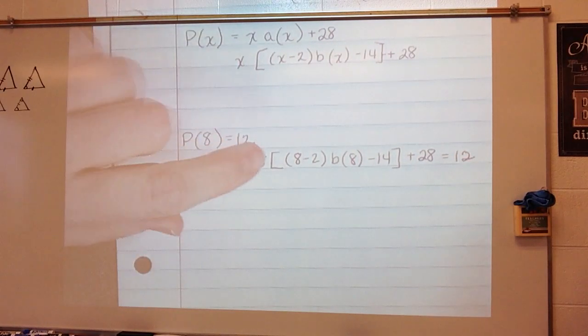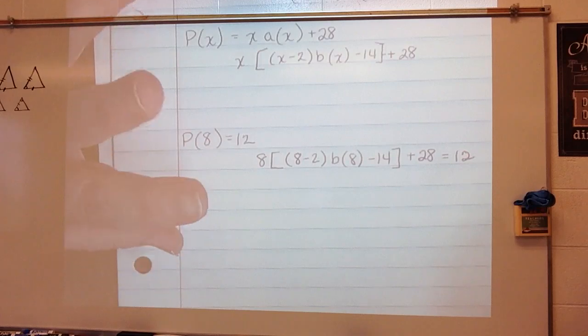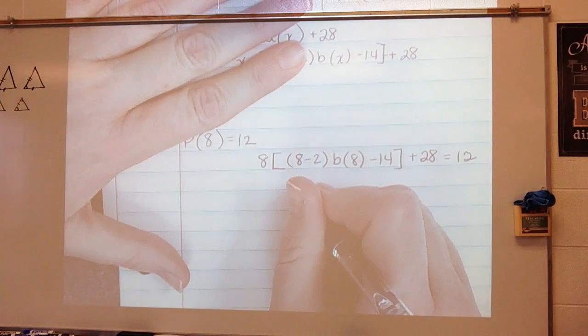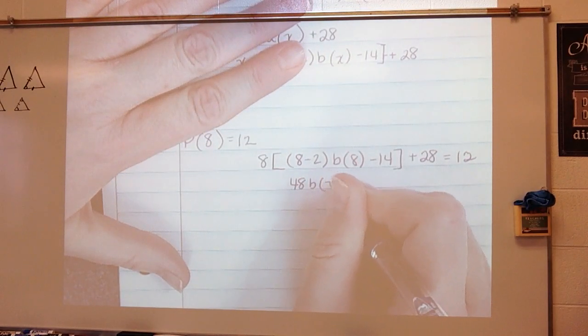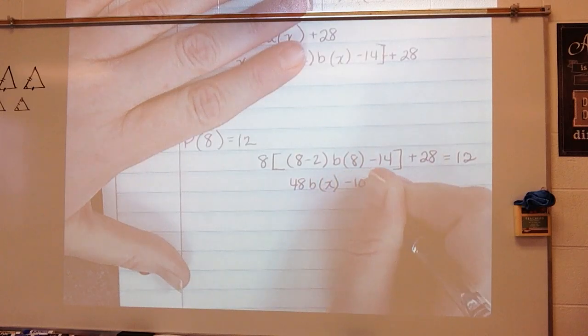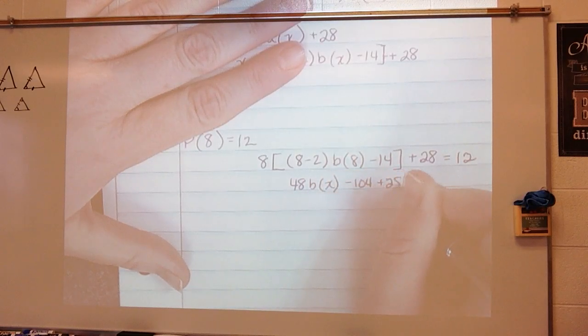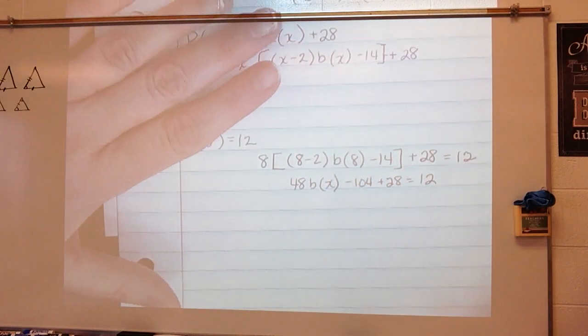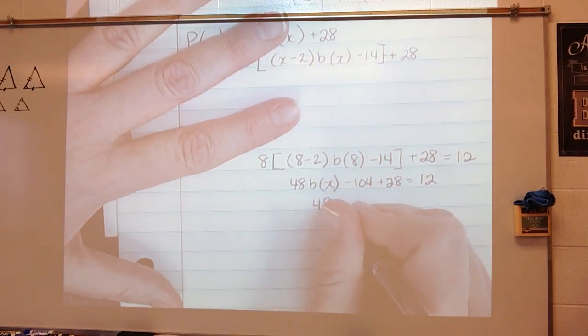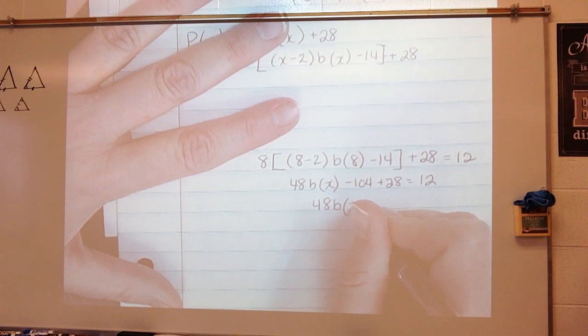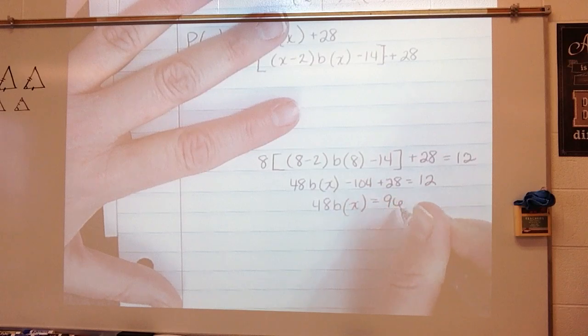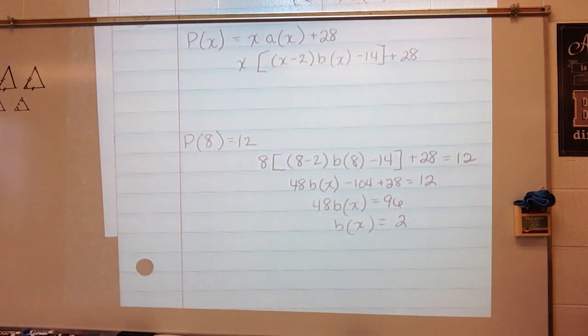Let's go ahead and simplify this. I end up with 48b of x minus 104 plus 28 is equal to 12. I get 48b of x is equal to 96. So b of x is equal to 2.